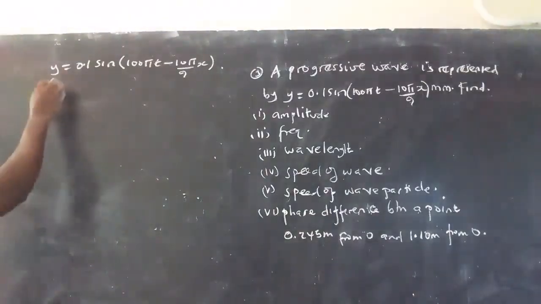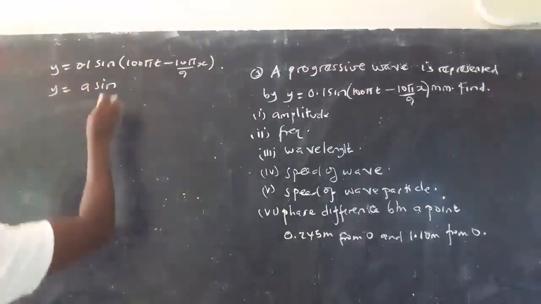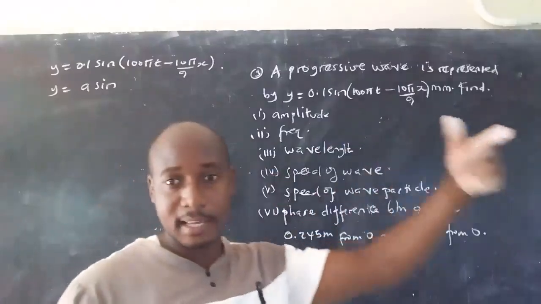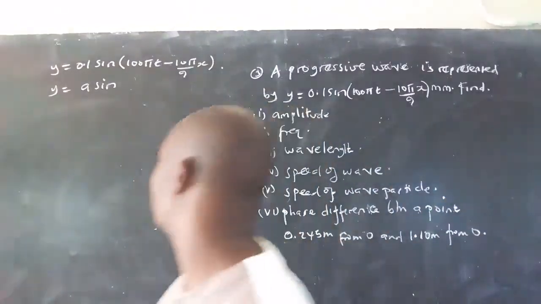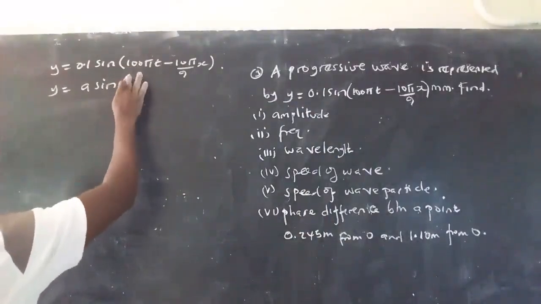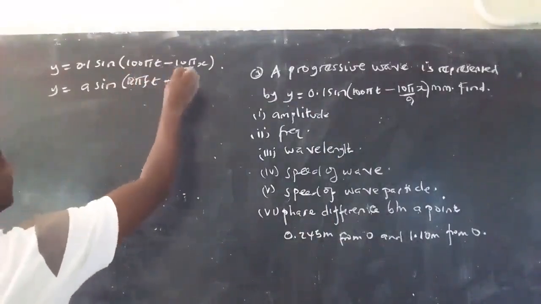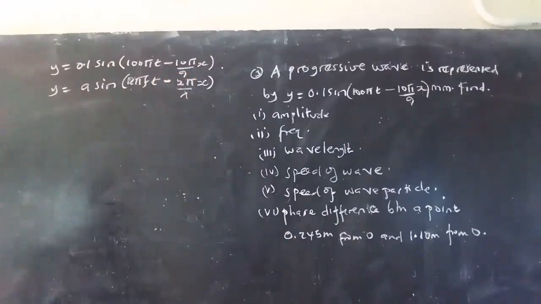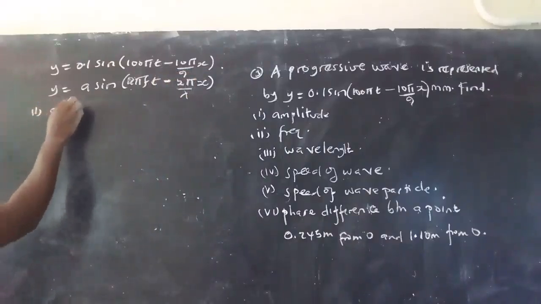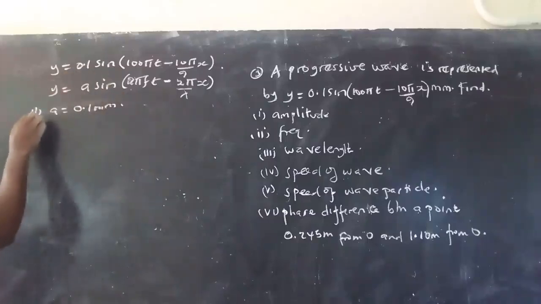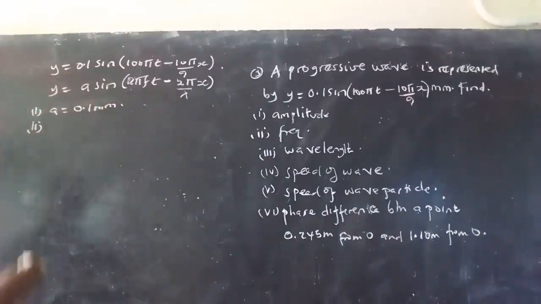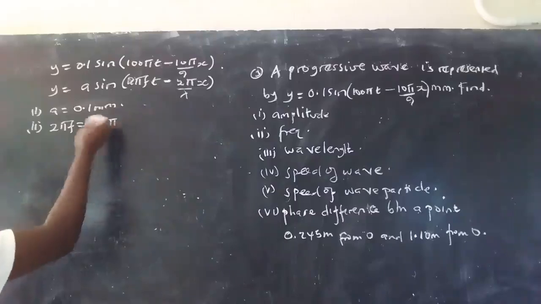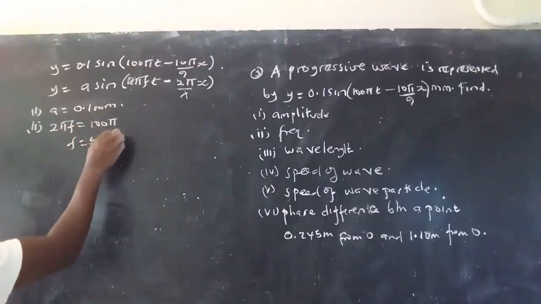The general equation is y equals a sine omega t minus phi, then you substitute omega and phi, so 2 pi ft minus 2 pi over lambda x. So part 1, the amplitude is 0.1 millimeters. Then part 2, what is our frequency? Compare 2 pi f, which gives us 100 pi, so f will become 50 Hertz.